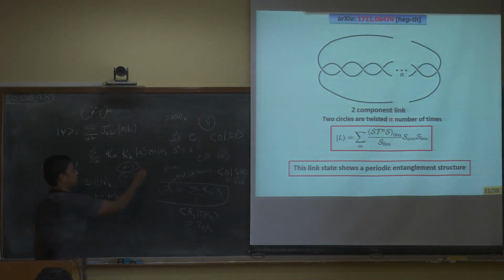For the second one, it's very difficult to get the large k behavior, because for k goes to infinity, all the representations are allowed. So we are not able to explicitly sum over all the representations. We don't have any closed form for general n.